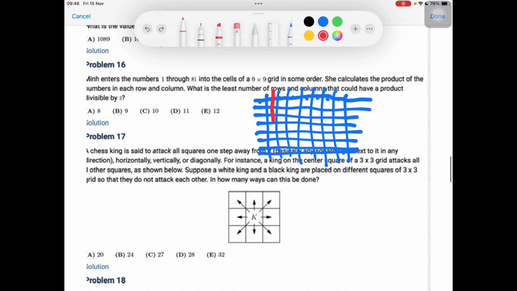So here, let's say 1, 2, 3. Let's put them together. Then we have these 3 columns, but all these 9 rows are also products that are multiples of 3. So in this case, we have 12 rows and columns whose products are multiples of 3. But because this is the largest number in the options, let's think about something else.